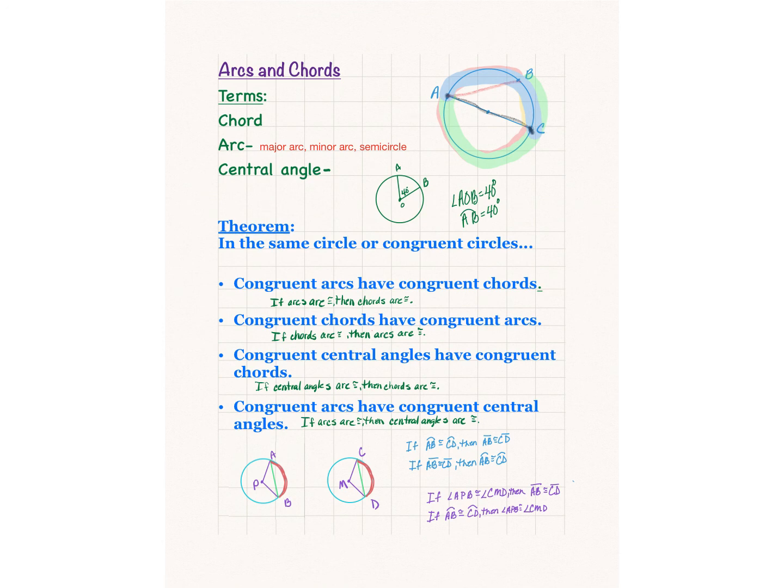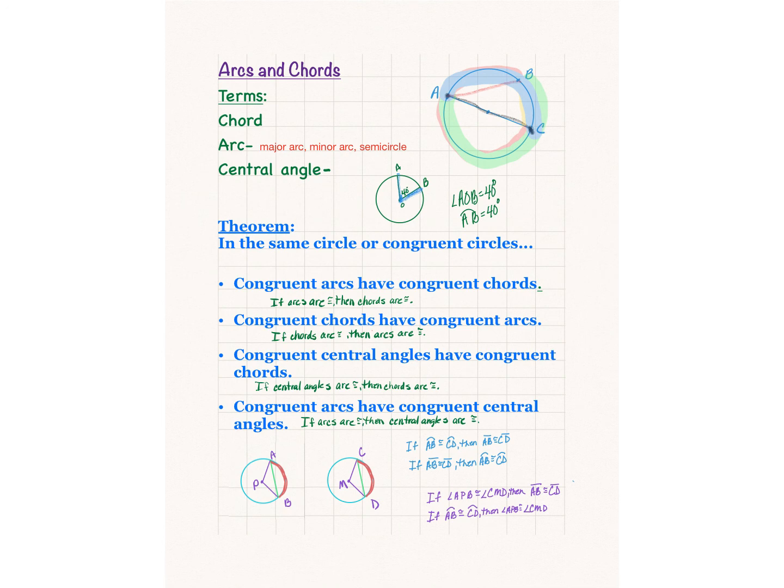A central angle is an angle, we've already talked about these too, that forms at the center of the circle and has radii for sides. So this central angle AOB, this angle AOB, is a central angle. Then we have some theorems about arcs and chords and central angles.